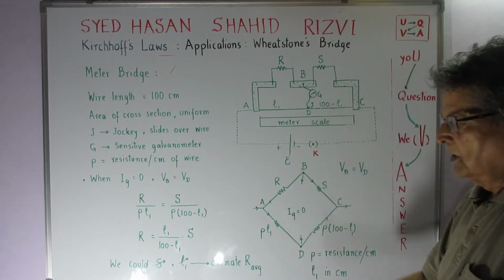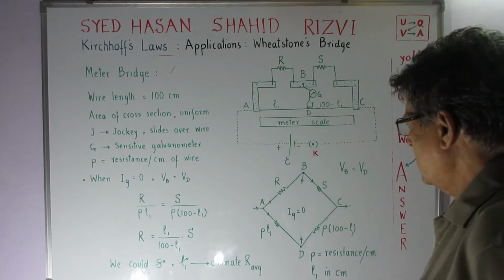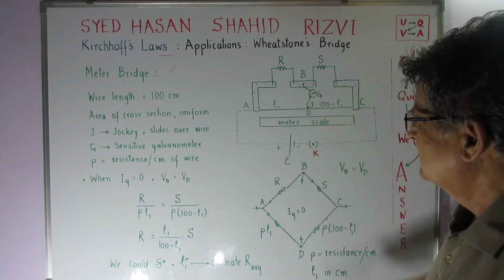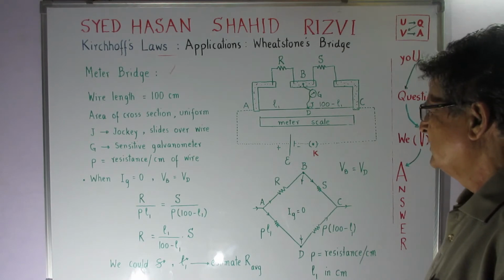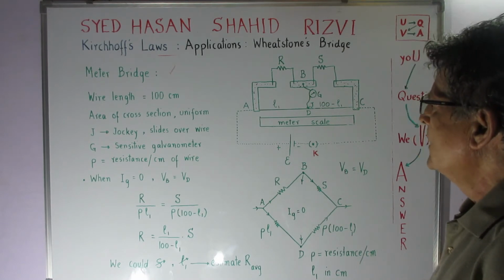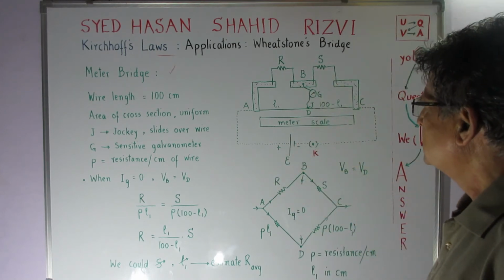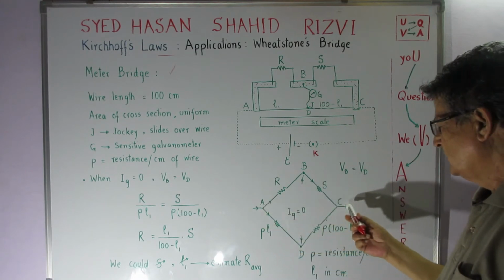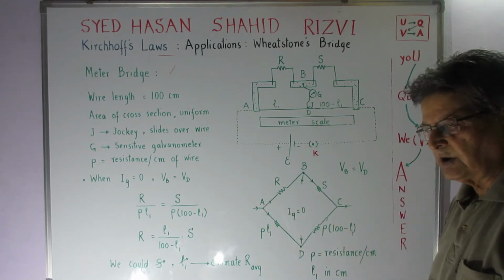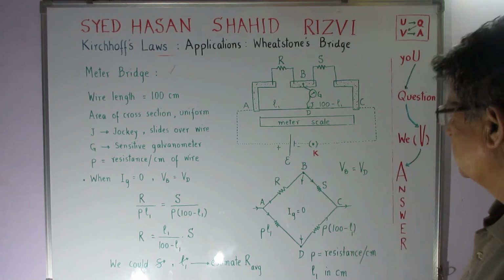Of course, there is a supply which may have some internal resistance, may not have, doesn't matter at all, because once the system is there, then it doesn't matter what is the value of the current which is coming, and of course the same is exiting out of this junction C. Okay.